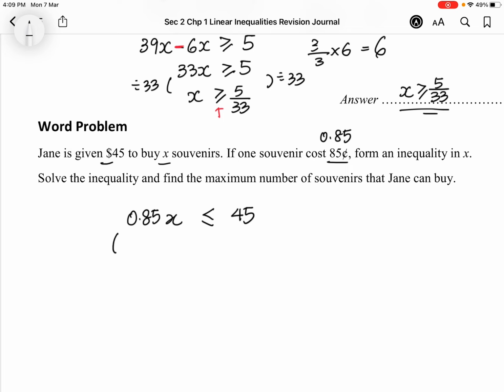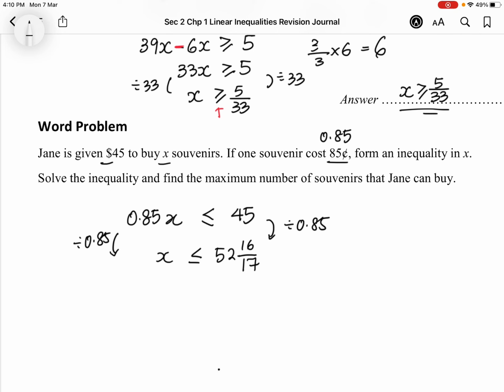Next, they say solve this inequality. So I just divide by 0.85. Then I get x. 45 divided by 0.85 gives me 52.94. Since it is not exact, I'm going to change it to a fraction. So x must be smaller than or equal to this.